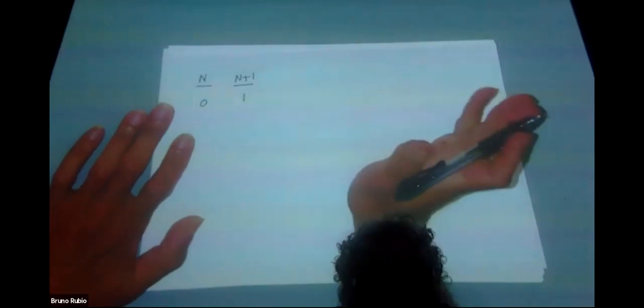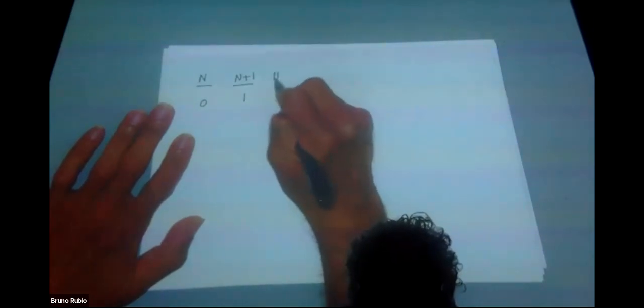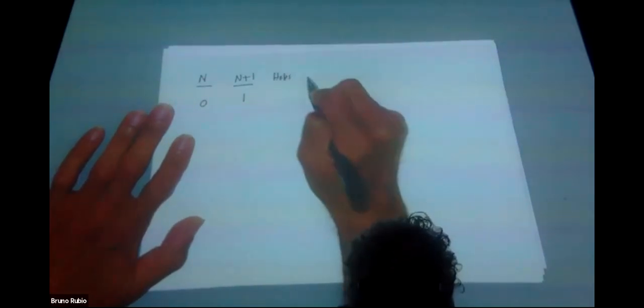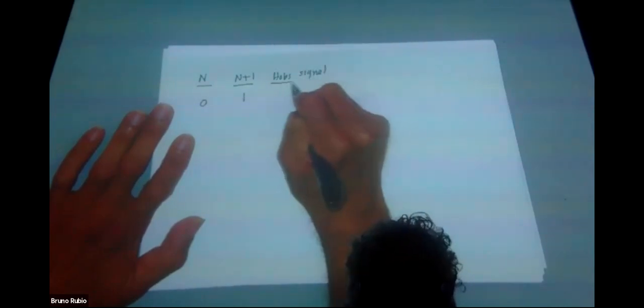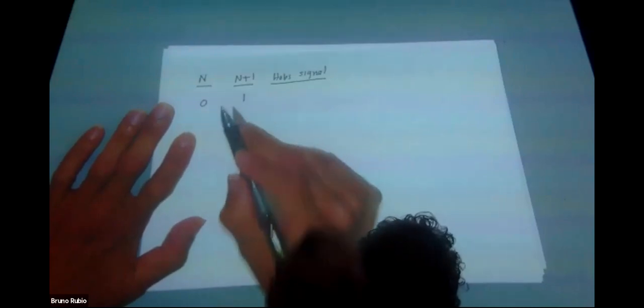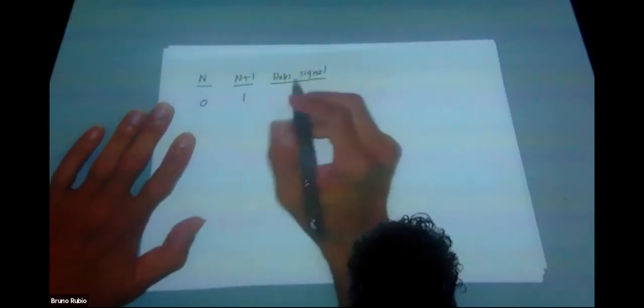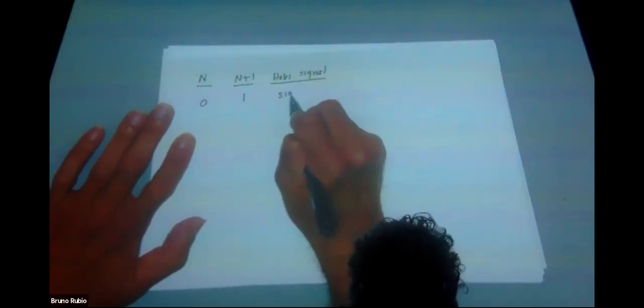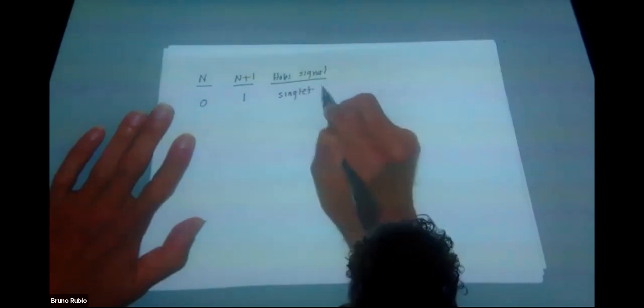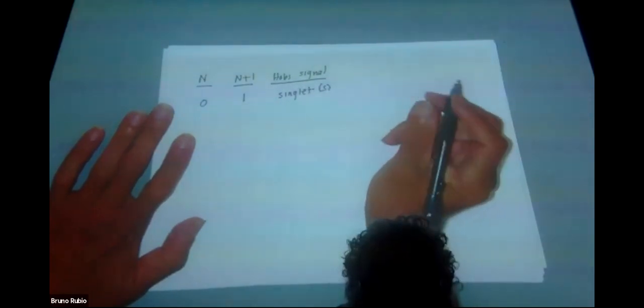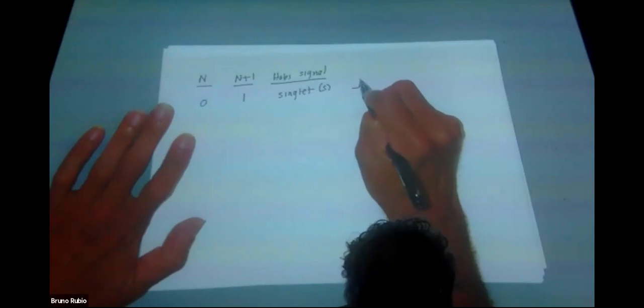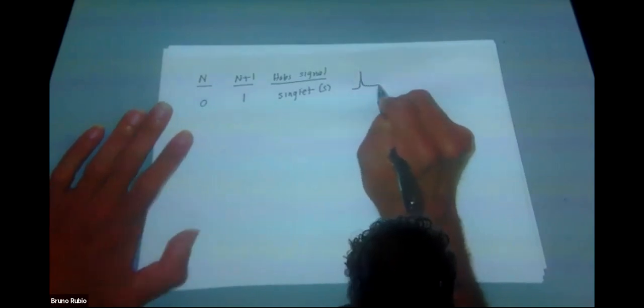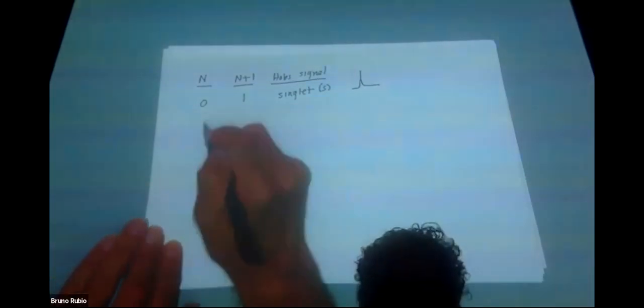And the signal from H observed is unsplit, right? It's just one majestic line. This is called a singlet, and it has the standard abbreviation S. And what does a singlet look like? It's just an unsplit signal. It's just a peak. All right, let's keep going.